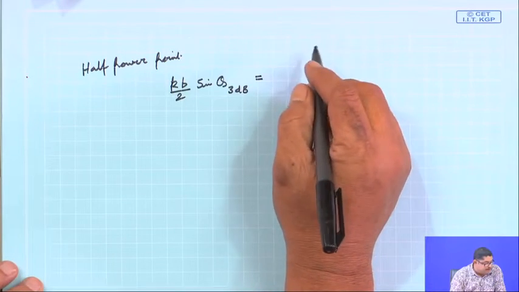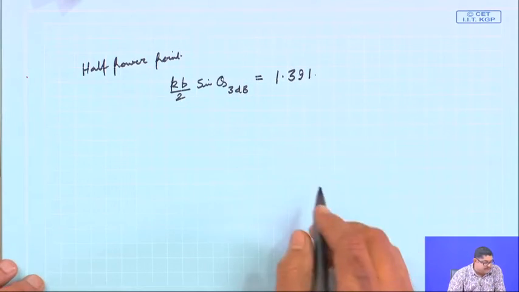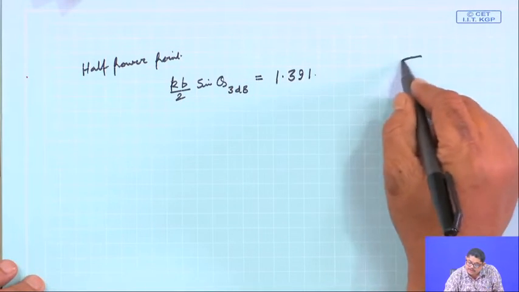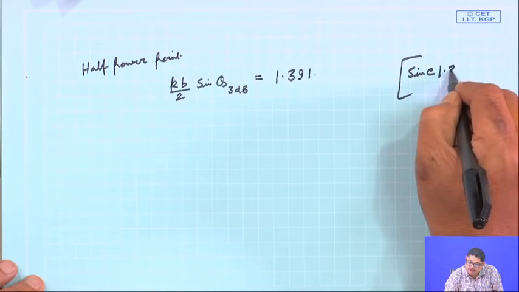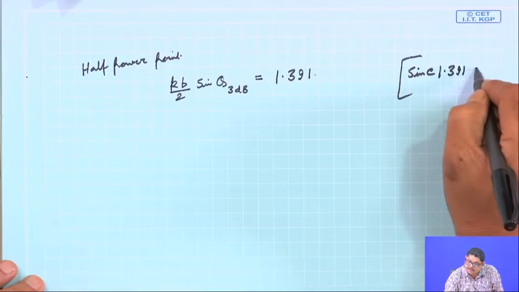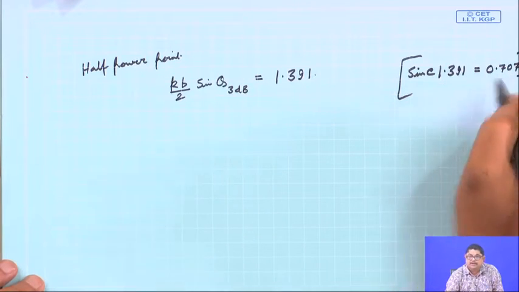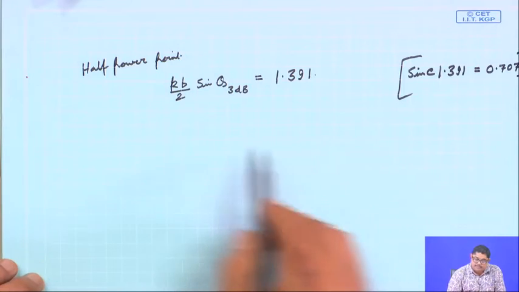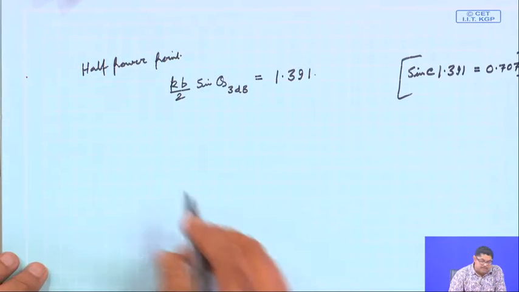This is from a sinc function. Please note this, you can check that sinc of 1.391 is equal to 0.707, which is our half power point.